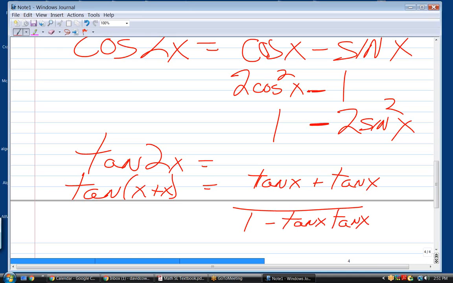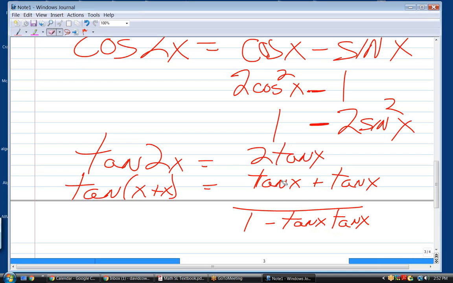I think I have the other ones memorized, but not the tangent one. Okay, but notice how we can figure out 2x. We know that the tangent of 2x is tan of x plus x. So it's got to be 2 tan x in the numerator and the same denominator, 1 minus tan squared x.